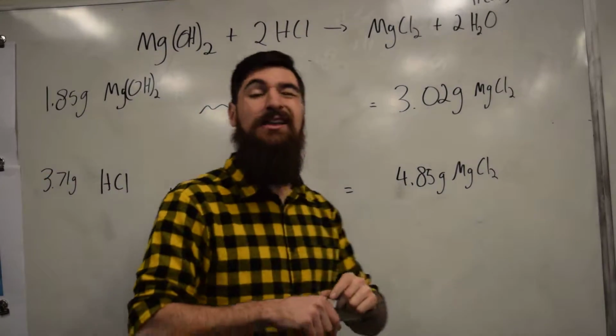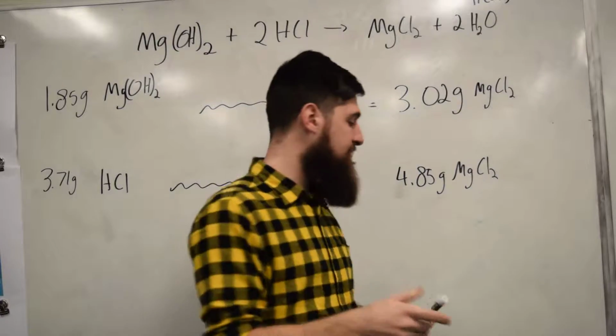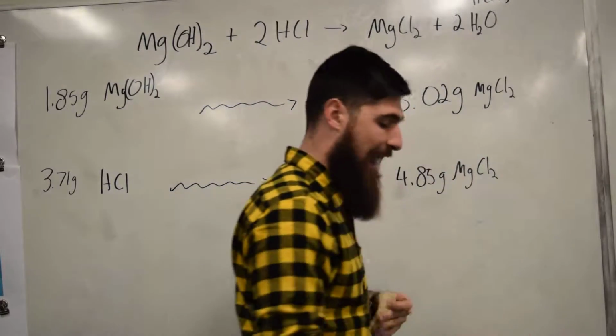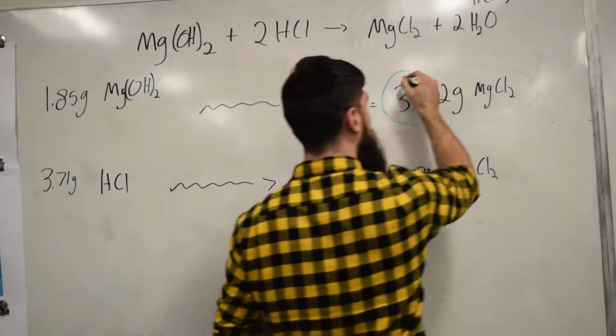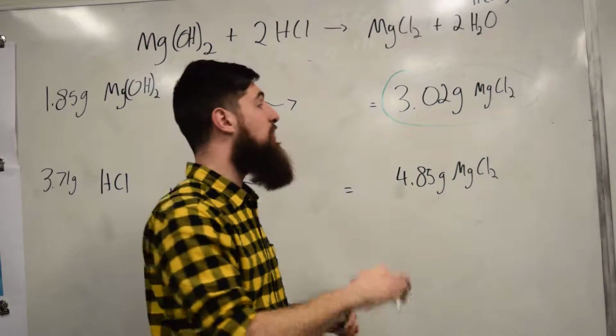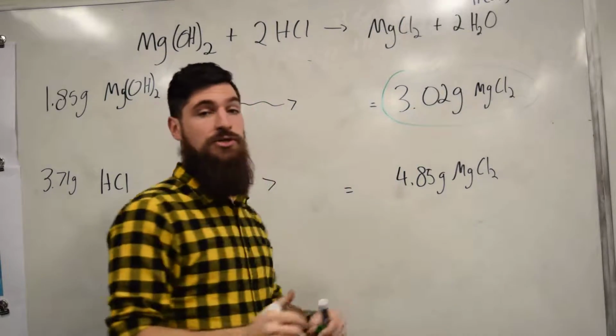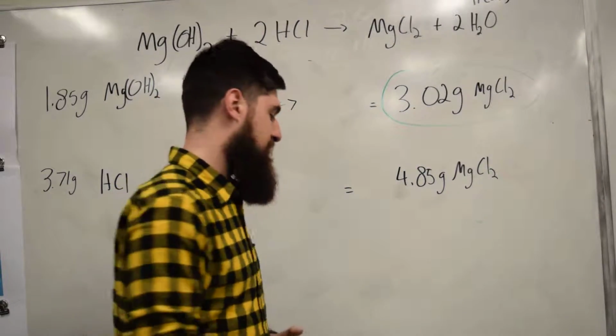Your correct answer, and you need to show us this on your homework or a quiz, is this. You need to circle it, you need to star it, you need to tell us 3.02 grams magnesium chloride are produced, okay?